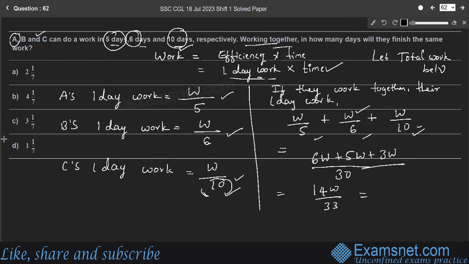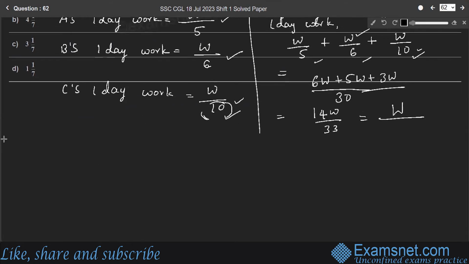Right? So let the numerator be W itself, W by 30 by 14. So W by 30 by 14 is their one day work.